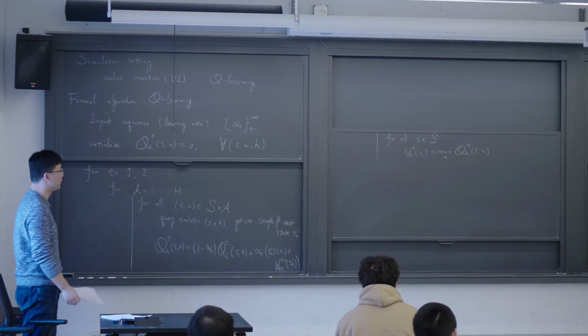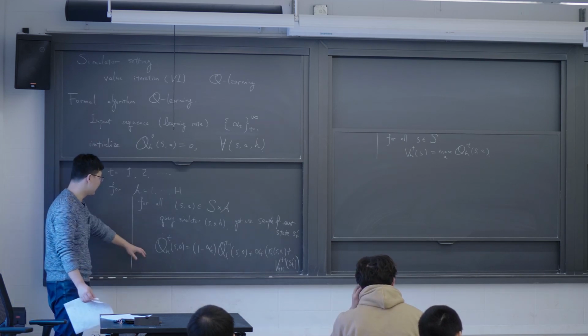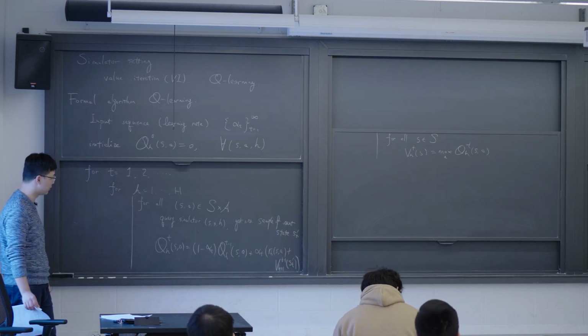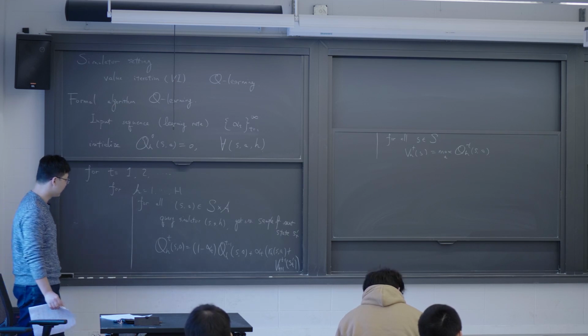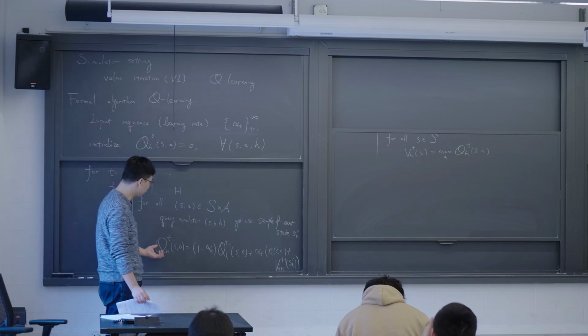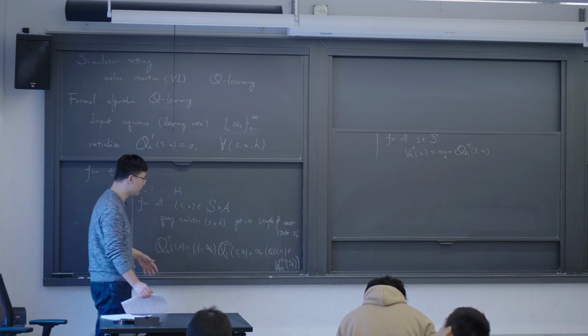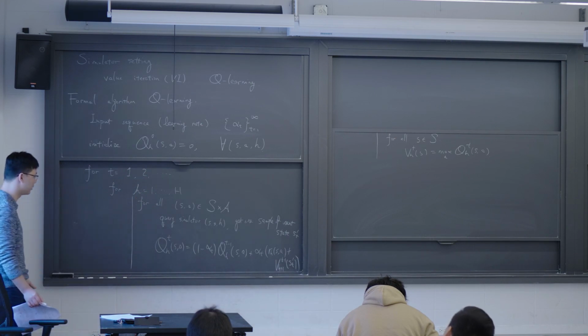So what we essentially have is an algorithm whose key step is what we talked about last time, where we do the incremental updates: we assign the Q value to be a 1 minus alpha fraction of the previous Q value plus an alpha fraction of the new update.